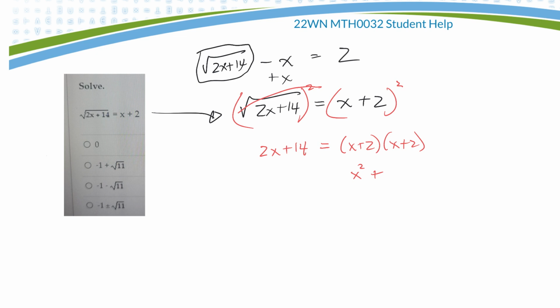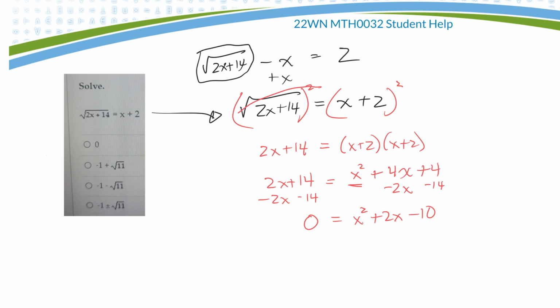So x squared plus 2x plus another 2x would be plus 4x plus 4 equals 2x plus 14. Now there's a quadratic in the game, so I'm going to move everything to one side. So I'll subtract 2x there, subtract it there, subtract 14, subtract 14. So I get 0 is equal to x squared plus 2x minus 10.